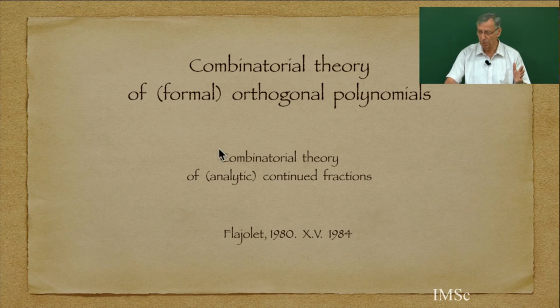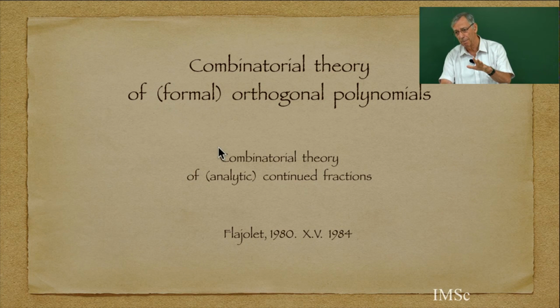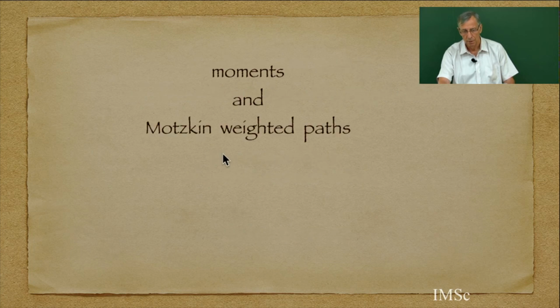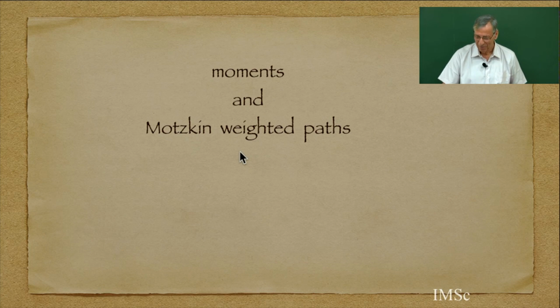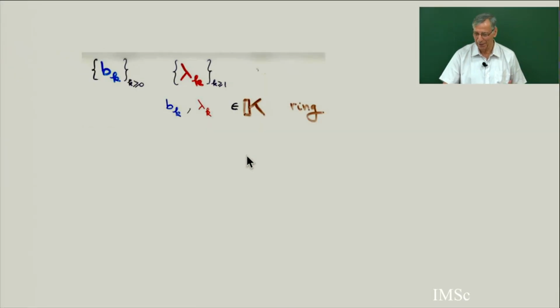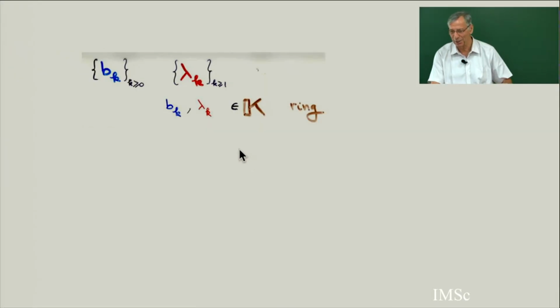So the interpretation of the mu_n, if you give me b_k, lambda_k, is in terms of weighted Motzkin paths. Now forget whether lambda_k is zero or non-zero, it's just a formal variable.